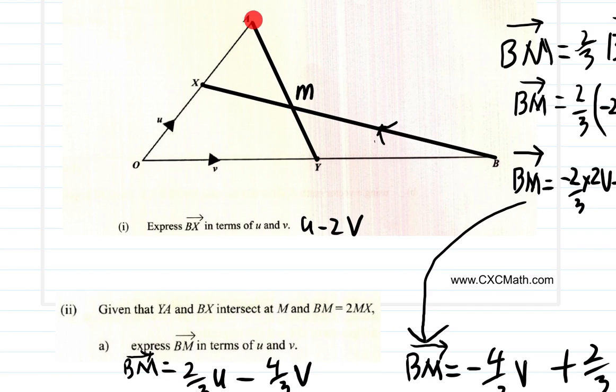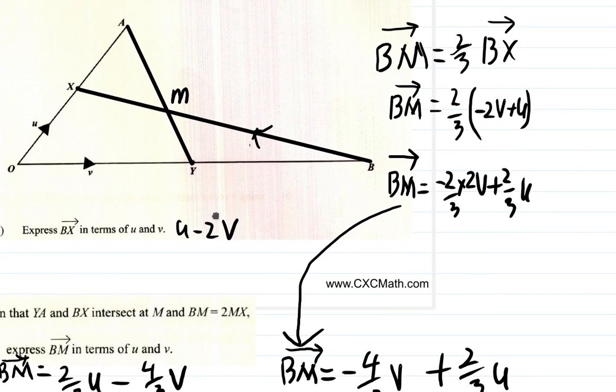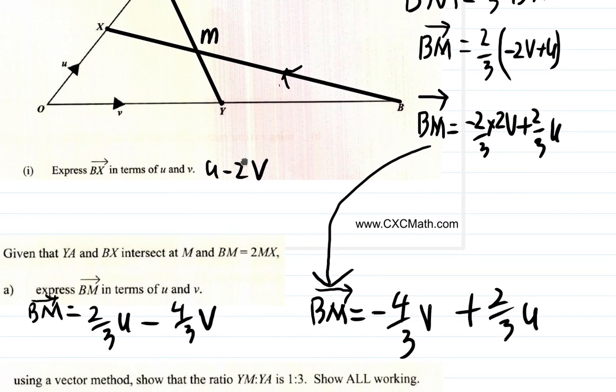YM to YA. Alright. So what you can do is find YA and then find YM and see how that works out. Compare them in terms of the sizes.